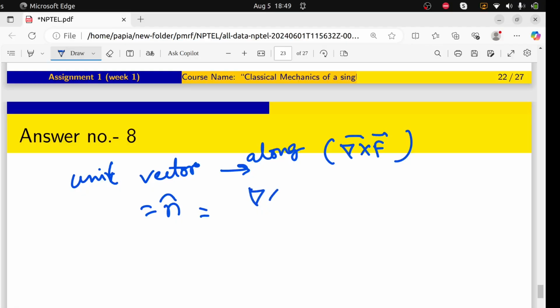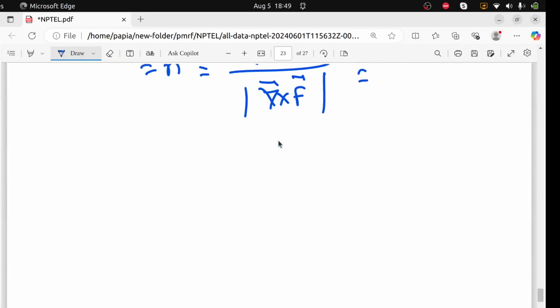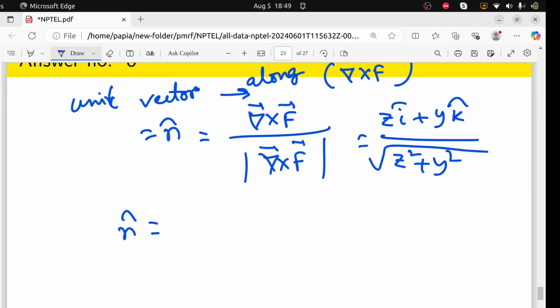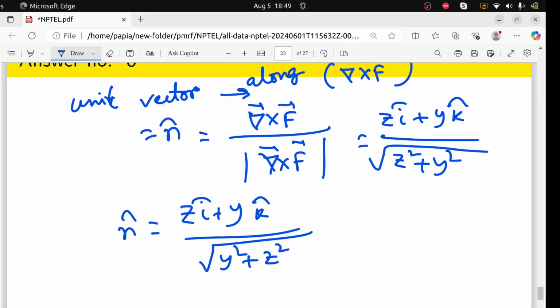So it is curl of F by mod of curl of F. So it is z i cap plus y k cap divided by root over z² plus y². So n cap can be written as z i cap plus y k cap over root over y² plus z².